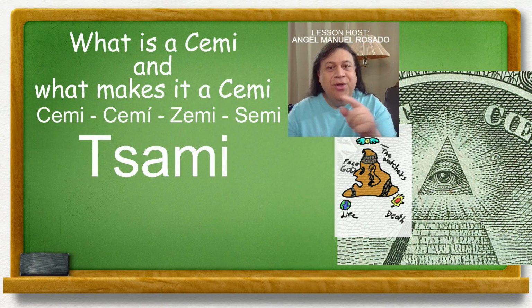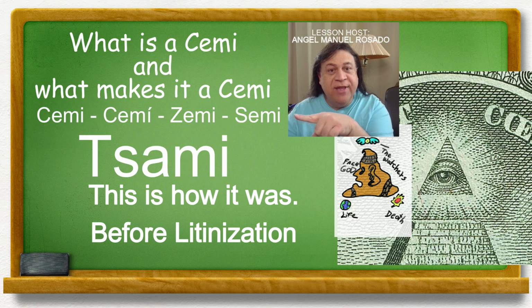So now you can see Cemi. Cemi, it tells you everything. It sounds just like these words here, but they removed the T out of it and also removed the A out of it.